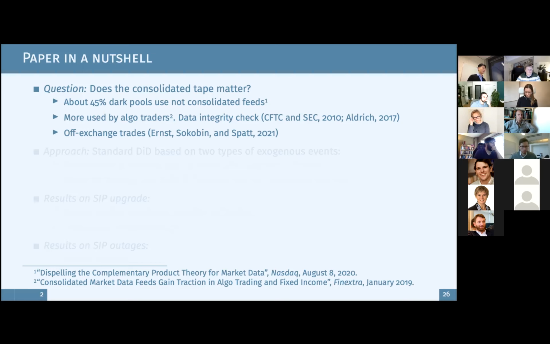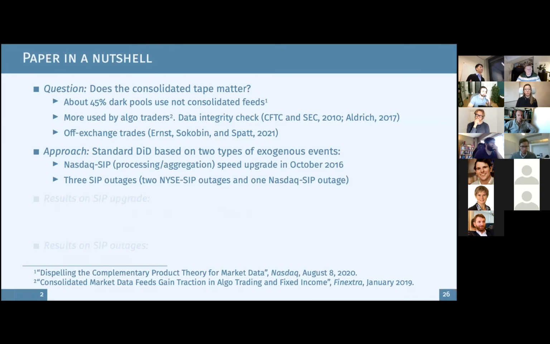And a recent paper by Ernst, Sokopin, and Spatz, which I think Thomas also presented here a month ago, looks at off-exchange trades in the tape. They found that even though those trades suffer latency when reported to the SIP, people still react to them. So certainly there is something people use from the SIP data.